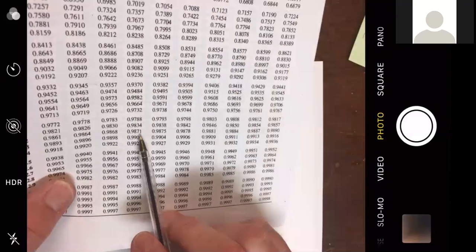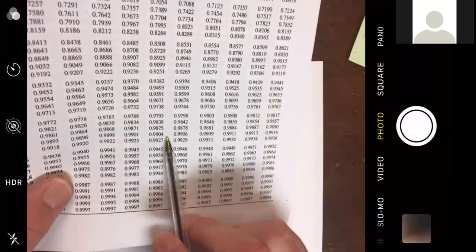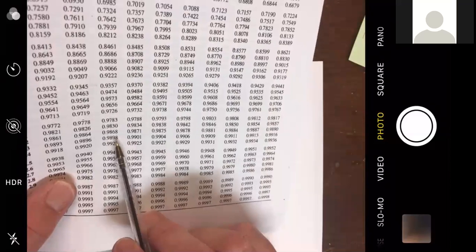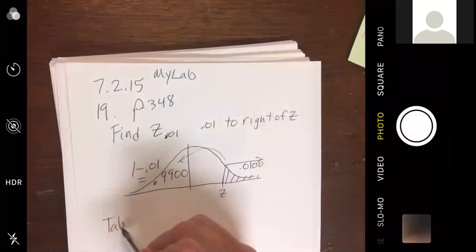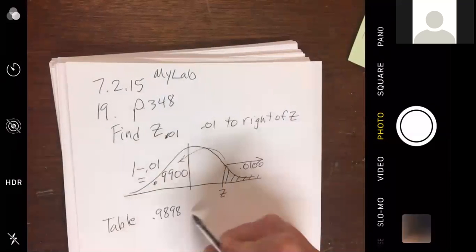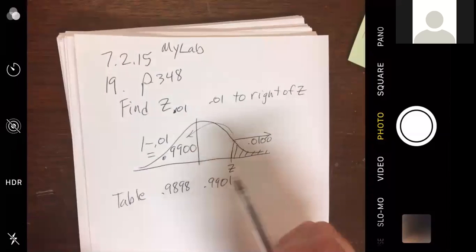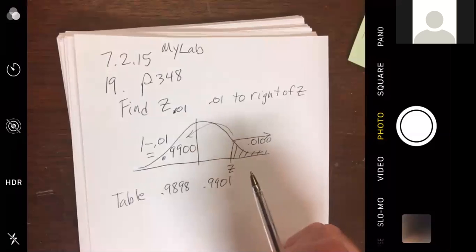Well, there's a 9901. See, going in this direction you're getting too big, so in this direction, 9898. The table says 9898 and 9901. These are pretty close, and it says my internet connection is unstable. Okay, maybe I'm back.